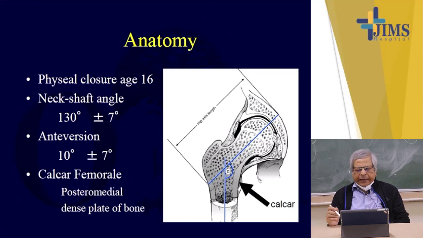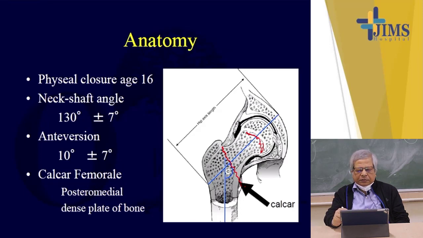If you know the anatomy, this is the epiphysis. Physeal closure occurs at around 16. Neck of femur means this is the intertrochanteric area. Anteriorly, the capsule attaches here.